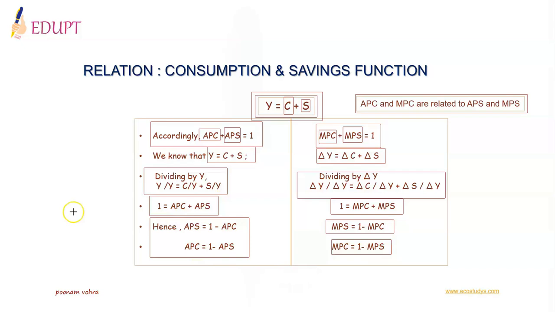Simple logical deduction, and one can establish this relationship between average propensity to consume and save equivalent to 1 and marginal propensity to consume and save also equivalent to 1.